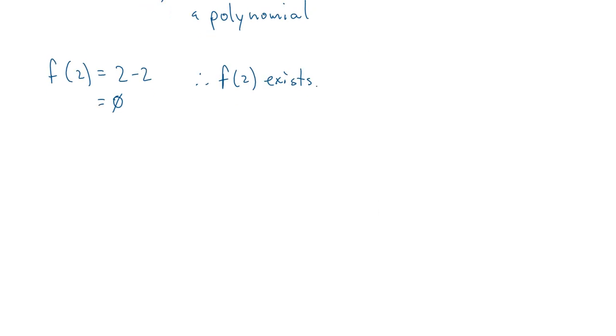Okay, so left-hand limit. The limit as x approaches 2 from the left of f at x is the limit as x approaches 2 from the left of x squared minus 4.